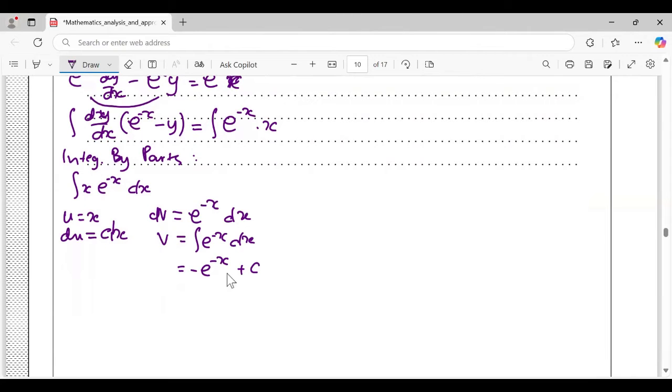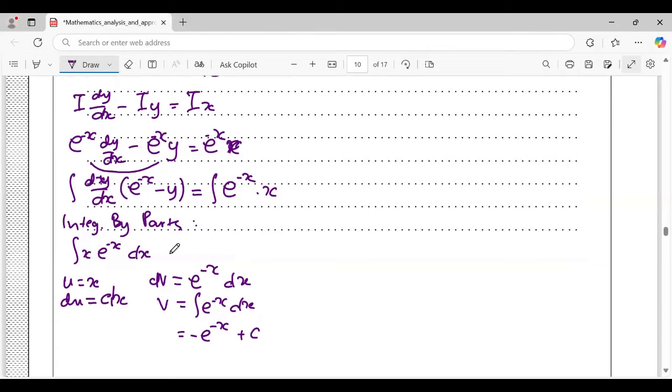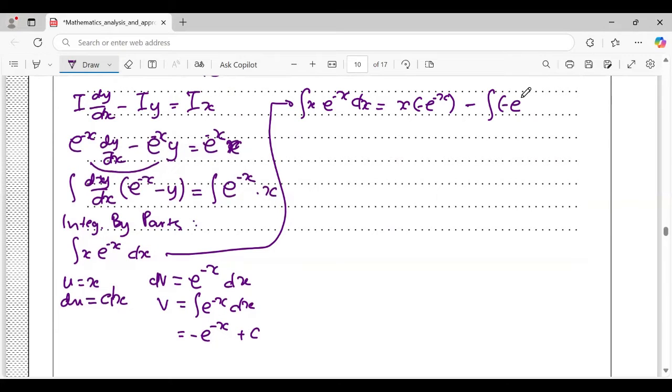Based on this information, we can create this integral. The integral of x e power minus x dx is u times v, so x times minus e power minus x, and then minus the integral of minus e power minus x dx.